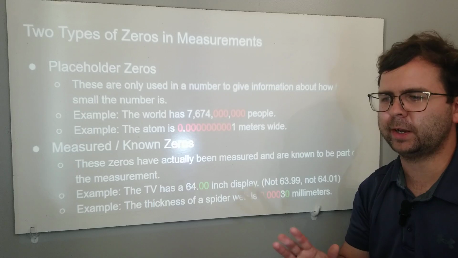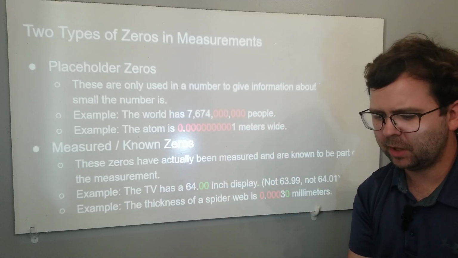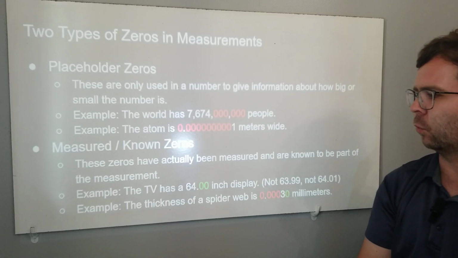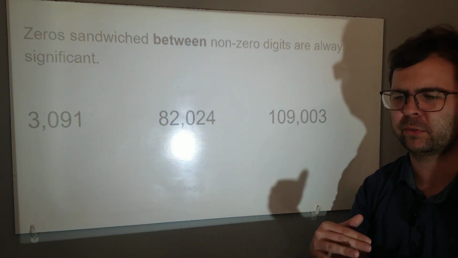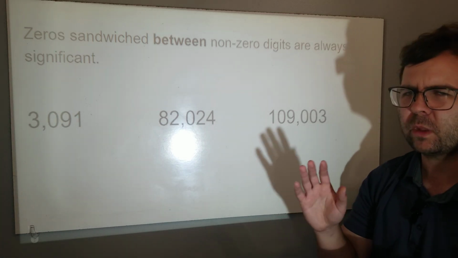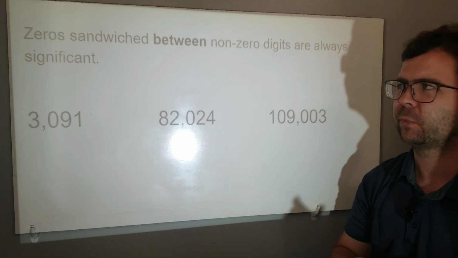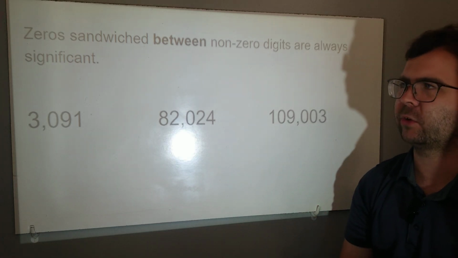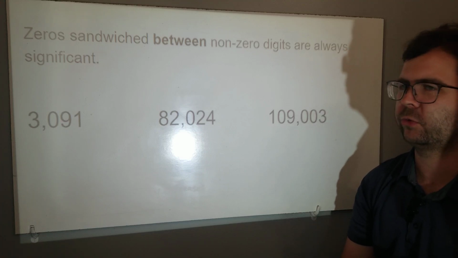But I want to try to break it down and make it a little bit simpler so that you don't have to think about this logic every time. You can instead just think of these rules that help you identify what's significant and what's not. There are 3 or 4 rules that we're going to talk about. Rule number 1: zeros that are sandwiched between non-zero digits are always significant.